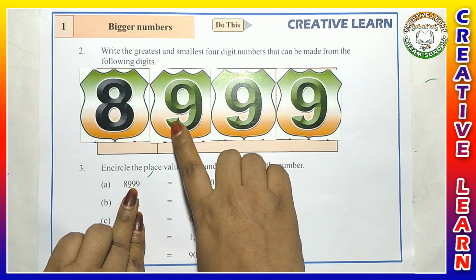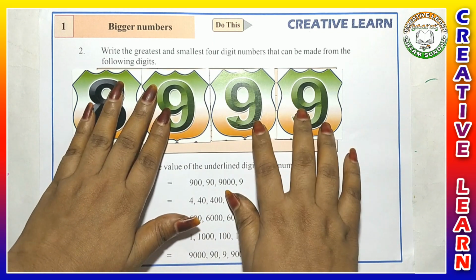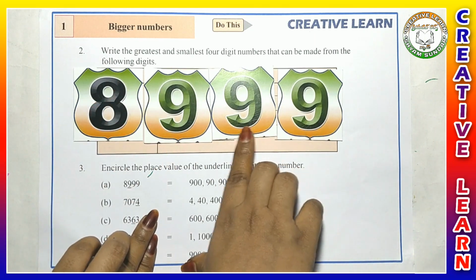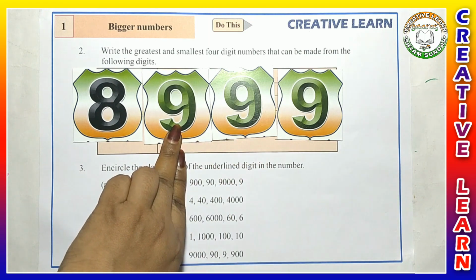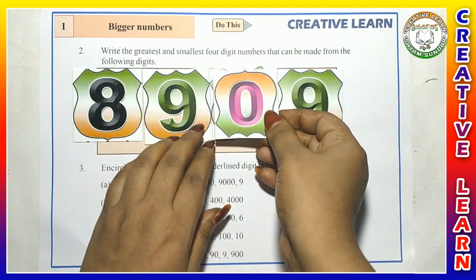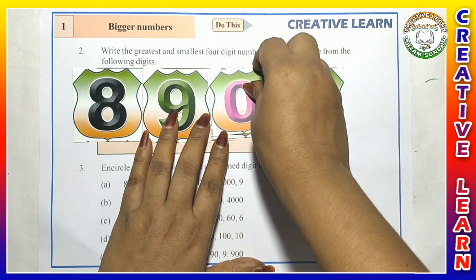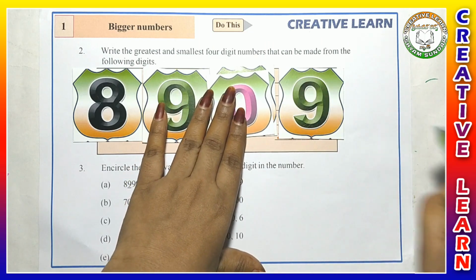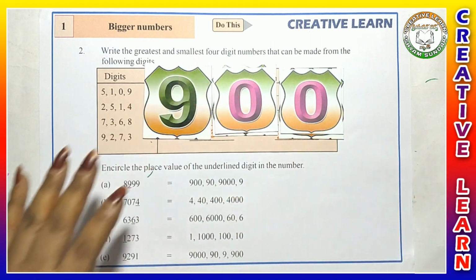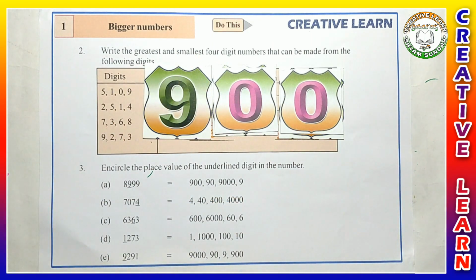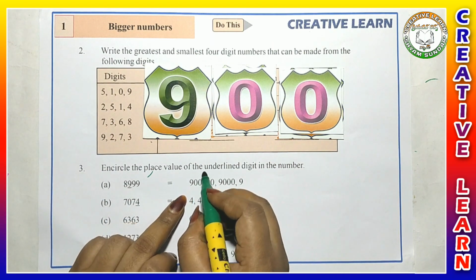Means this one. Let's see: ones, tens, hundreds. How many hundreds are there? 9 hundreds. So the place value of the underlined digit is 900. This is the place value. Let's write here: 900. Let's circle it.